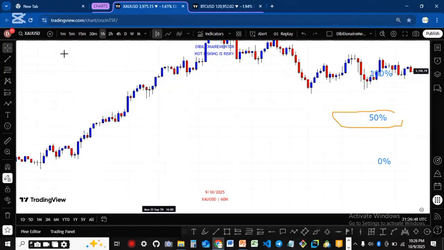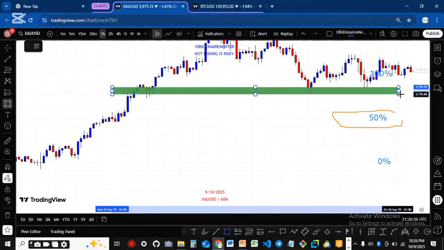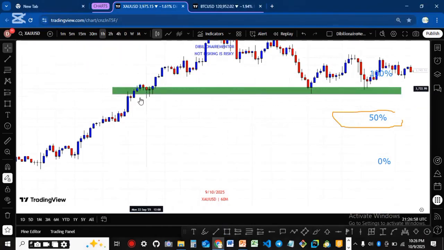Like for instance, now let me pick my language. Let me just use pure support and resistance. This structure. We can see that the price here, this is a simple resistance that became a support zone here, and this candlestick actually formed on our support zone, a rejection candle.